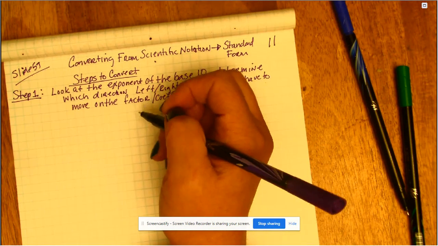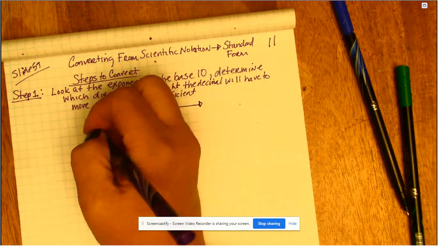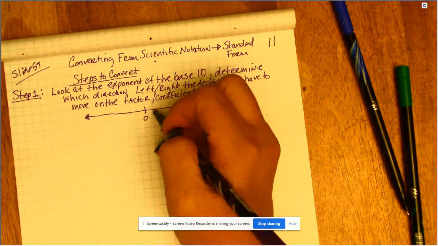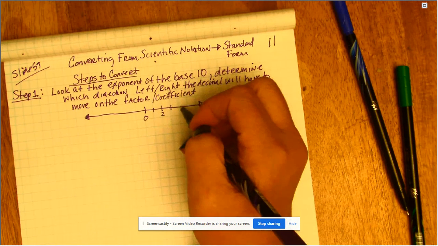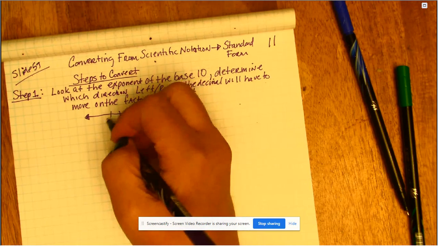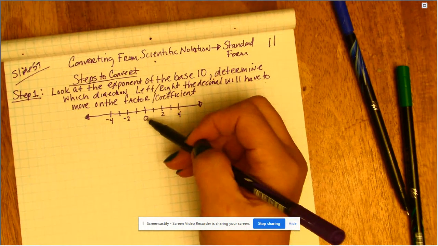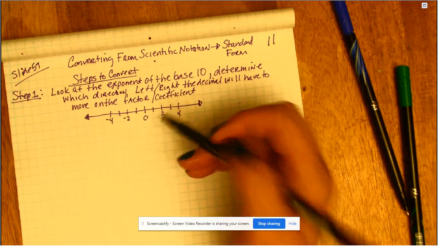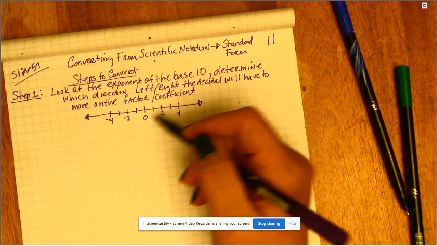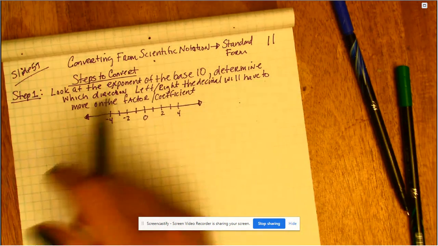So for example, just envision a number line. This is what you should be envisioning in your head. And here is 0. We have 1, 2, 3, 4, -1, -2, -3, -4. If your base 10 had a 0 exponent, it wouldn't move at all. Your factor would just be what it is, because we know anything to a 0 exponent is worth 1. So that would be like having your factor times 1, which wouldn't change anything.